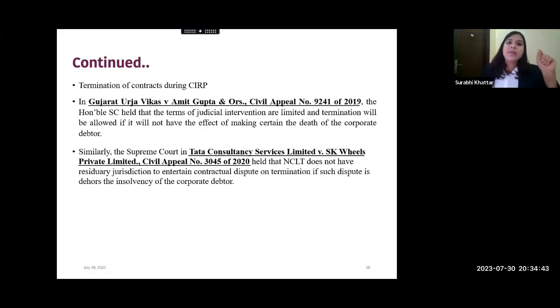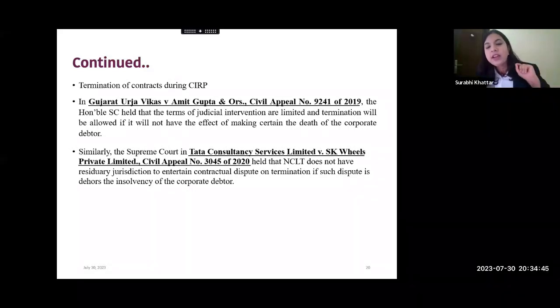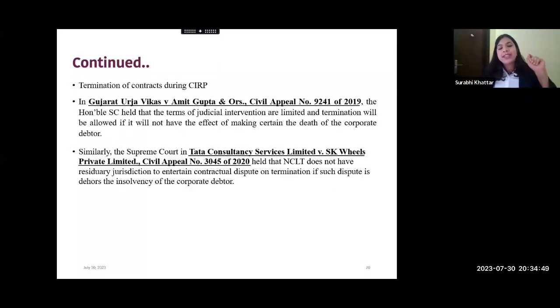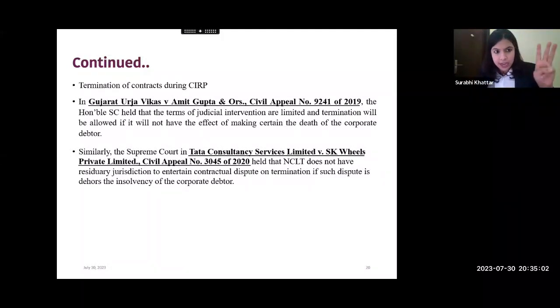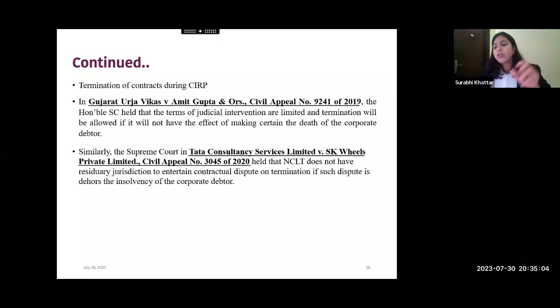Otherwise, it would defeat the very purpose of the CIRP if such contracts are allowed to be terminated. Second, the termination of the contract is solely on the ground of insolvency of the corporate debtor. And thirdly, the corporate debtor would not be able to maintain itself as a going concern on its termination. These three categories of contracts are not allowed to be terminated during the course of moratorium.